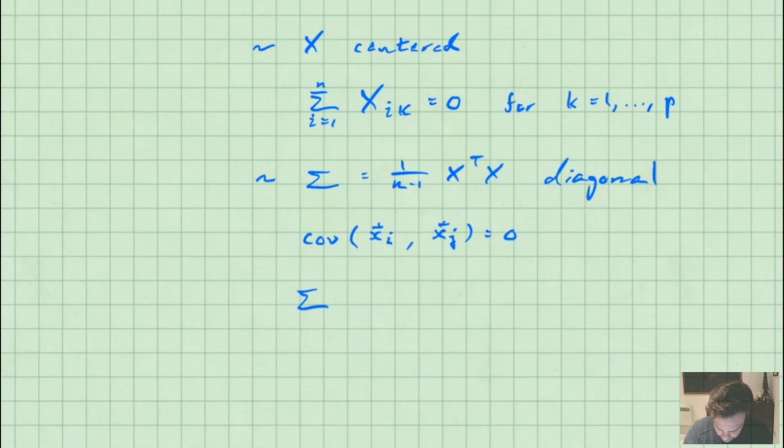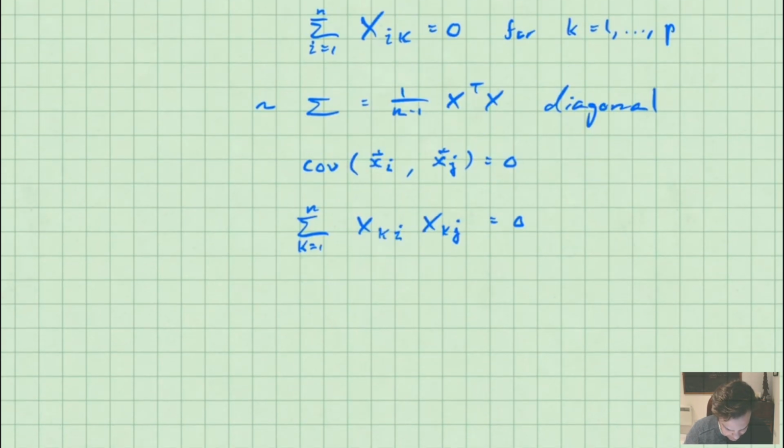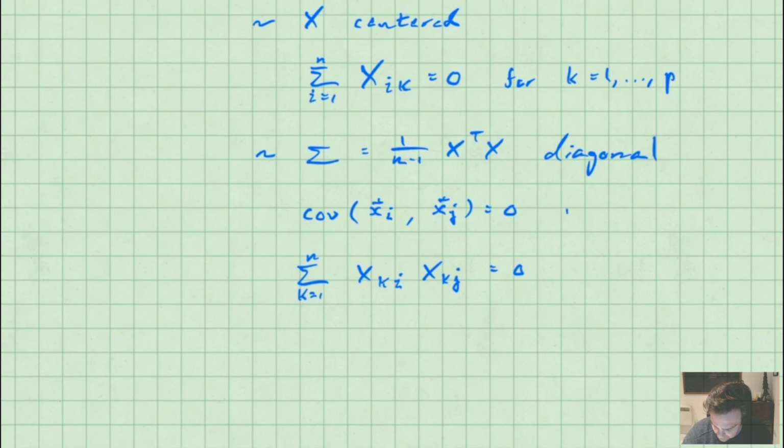Another way to say that is the sum of x_ki, x_kj over k is 0. I should say this covariance is 0 if i is not equal to j. And the same thing is true here.